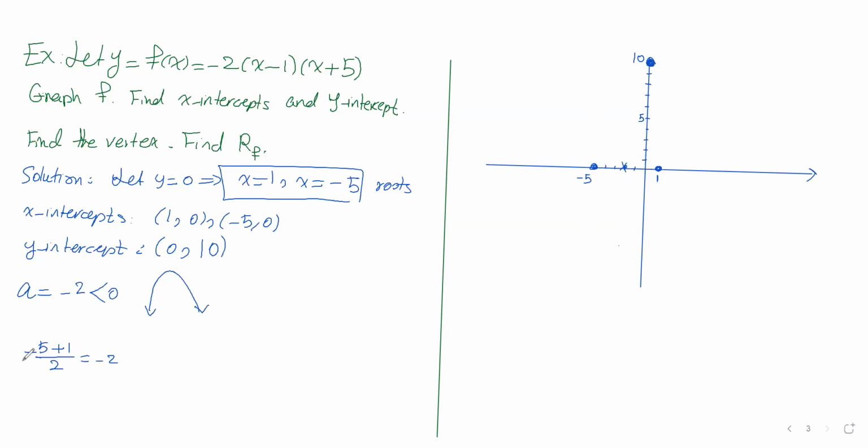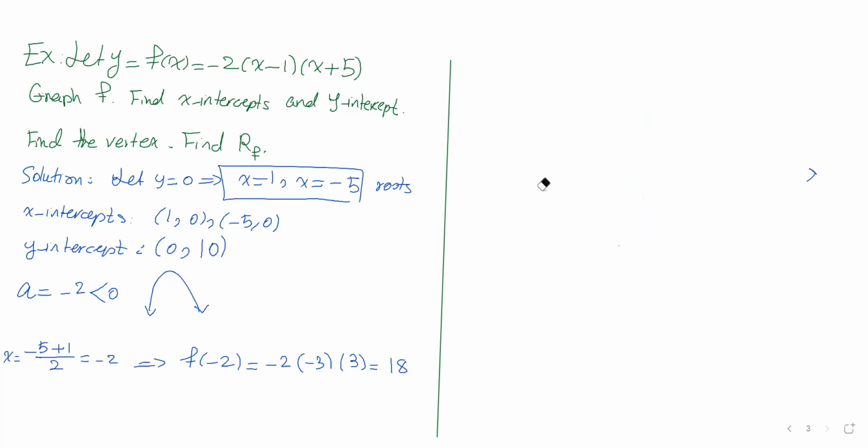Once you have x equal to -2, you get f of -2, which is -2 minus 1 is -3, -2 plus 5 is 3. So it's 18. I have to do it properly. My numbers are not nice.